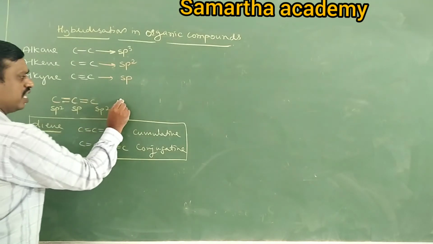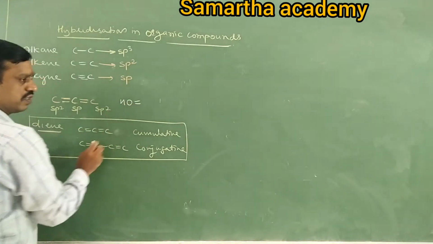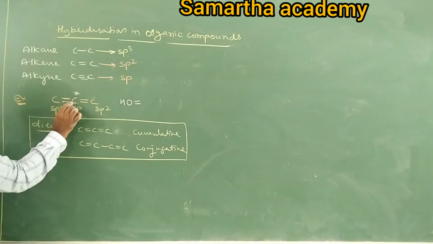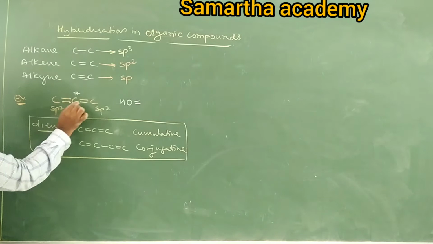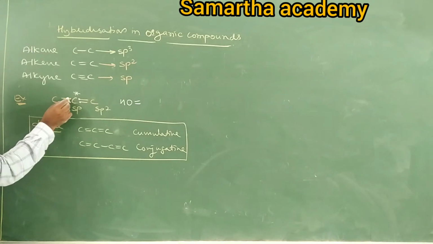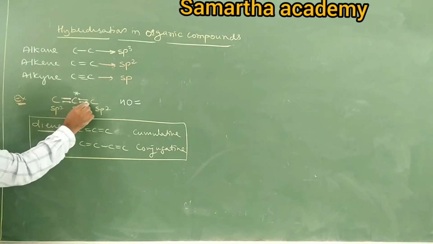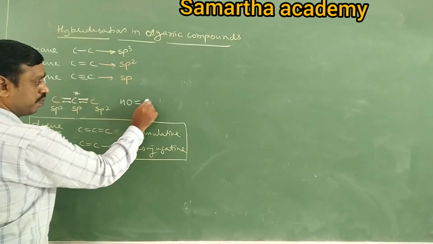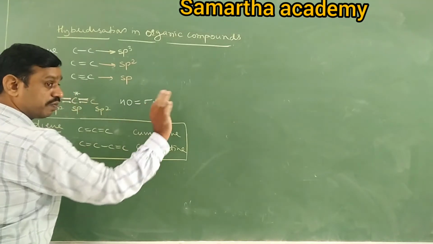Very simple. You calculate the number of hybrid orbitals on this carbon. Come on, tell me. We know that carbon has how many valence electrons? 4, because it is group 14, 4 valence electrons. Out of 4 valence electrons, one forms sigma, one forms pi, one sigma, one pi. But for hybrid orbitals, what is the formula? Sigma plus lone pair, but not pi bond.